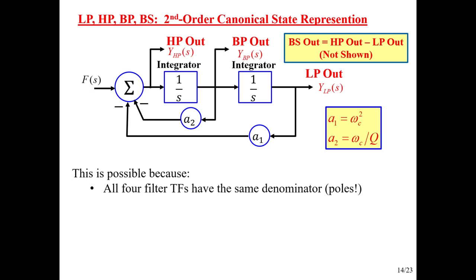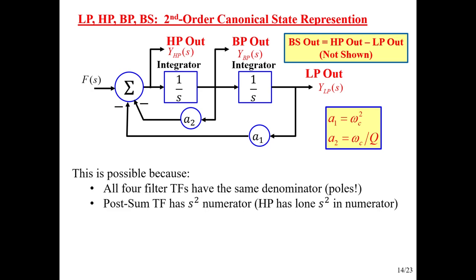And that's what we're seeing. Although there are some fundamental zeros happening, as we saw, we get different numerators depending on where we tap off. But in the state equation, there's no tapping off. It's just how the states are related to the input.